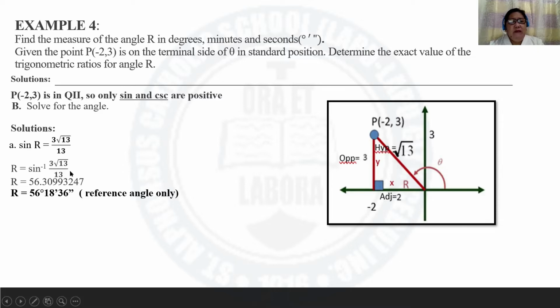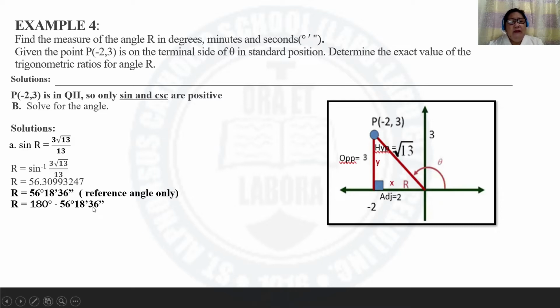So applying the inverse trigonometric function, the value of R is 56.3099324. Now, this is just the value of the reference angle. And this is equivalent to 56 degrees, 18 minutes, and 36 seconds.